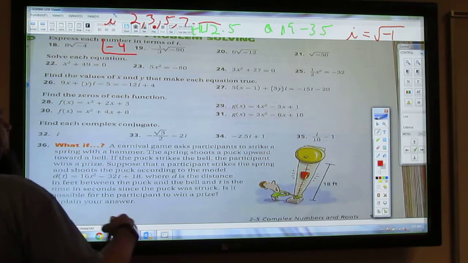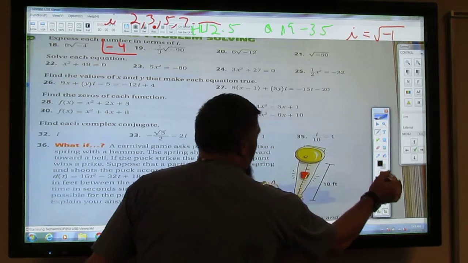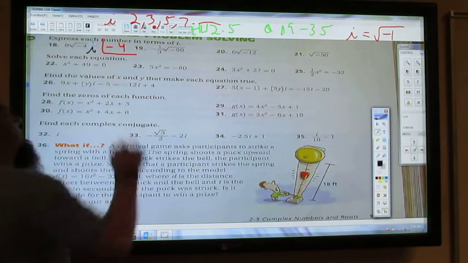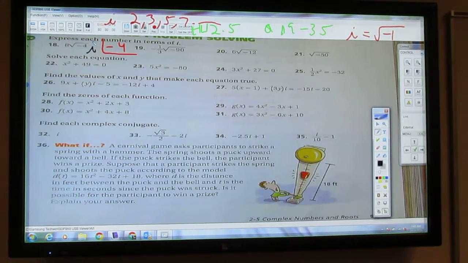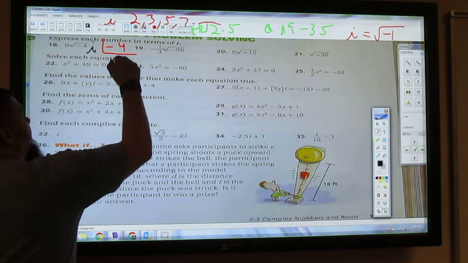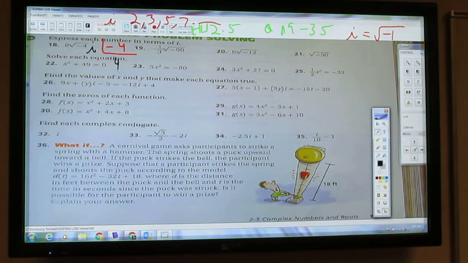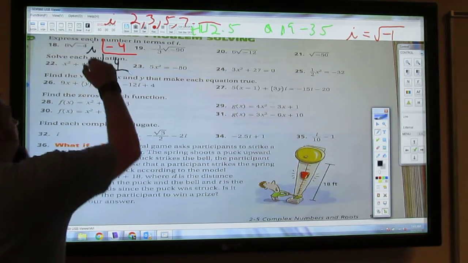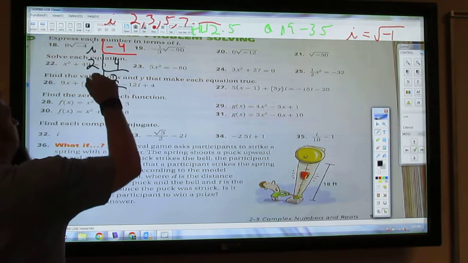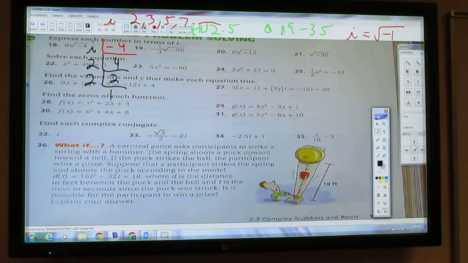So I'm going to take an i out, and that leaves me with 4. Then I take my 2 out, that leaves me with 2. I take my 2 out, that leaves me with 1. When I get to 1, I'm done.